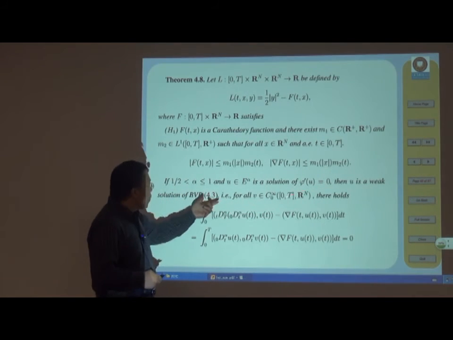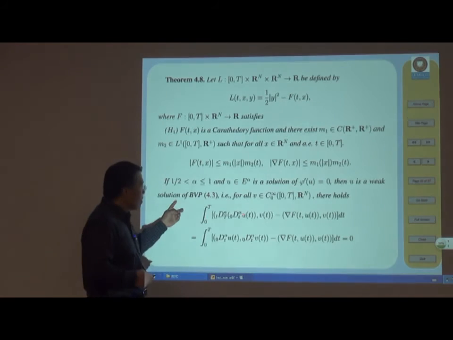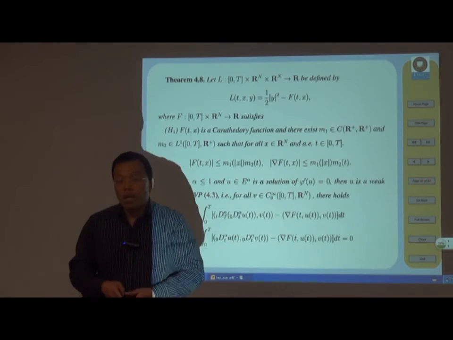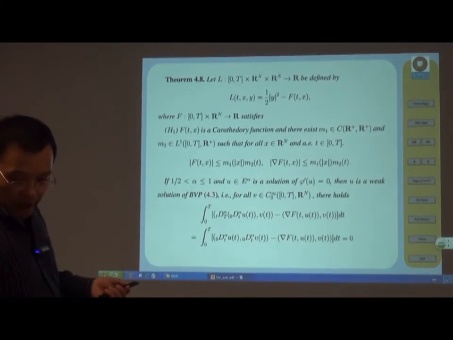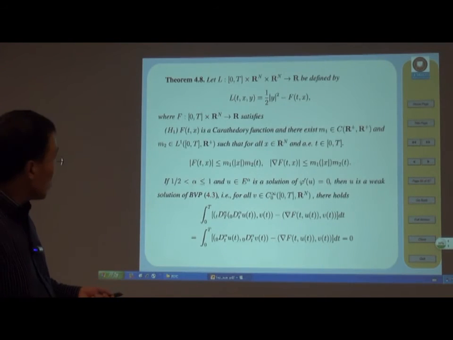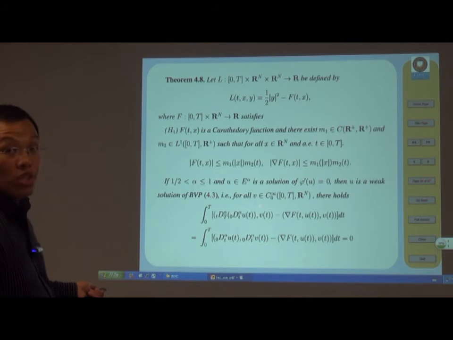The so-called weak solution means u satisfies this equality. And this theorem tells us about the relation between the critical point of phi and the weak solution of boundary value problem 4.3.